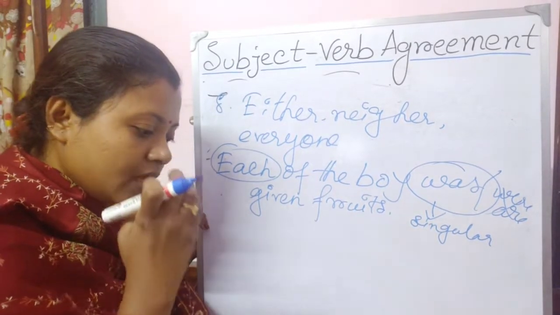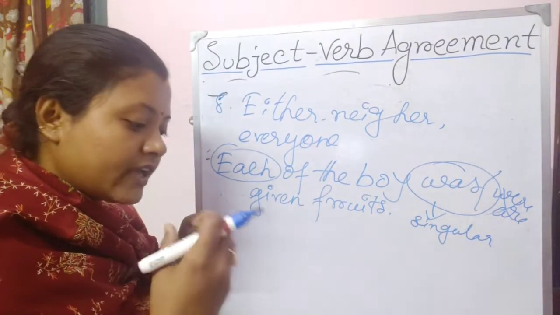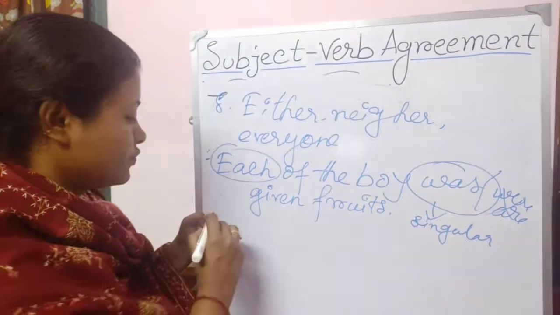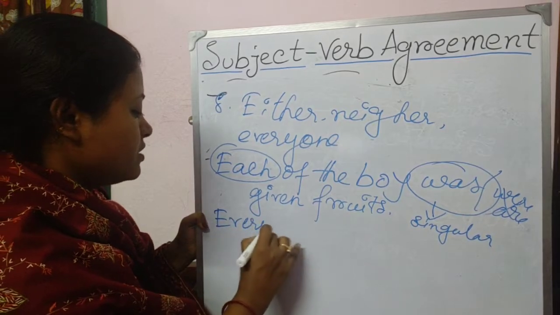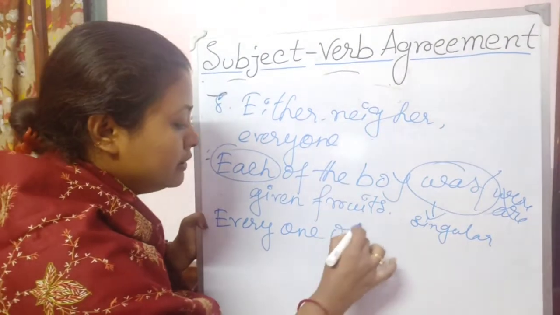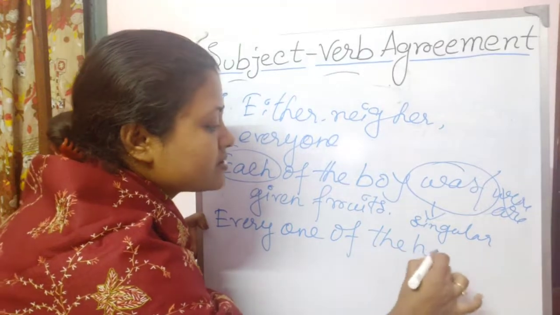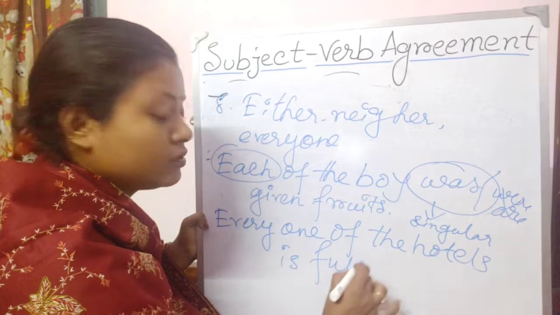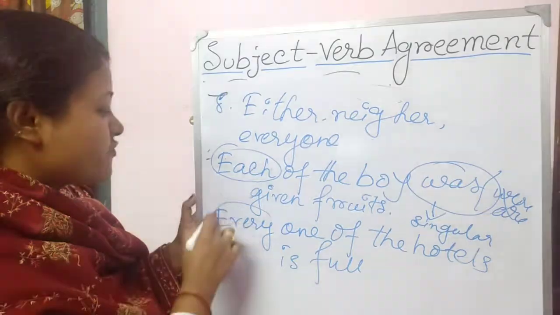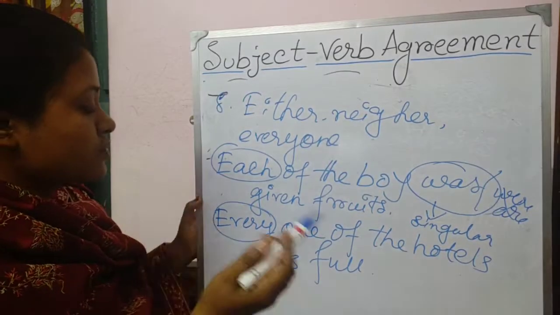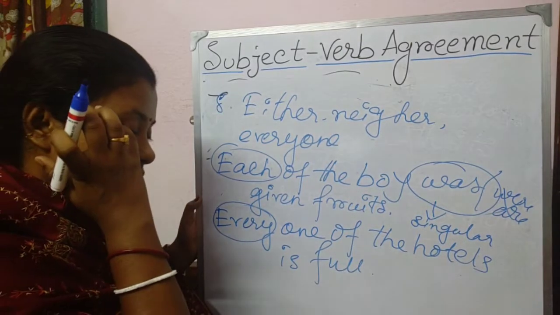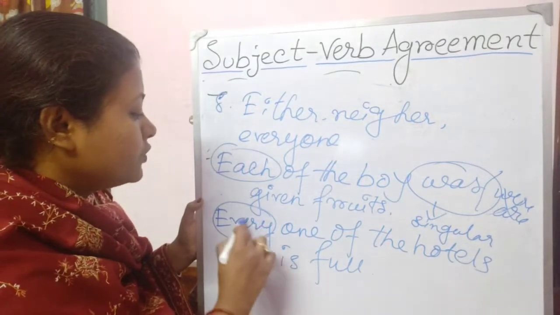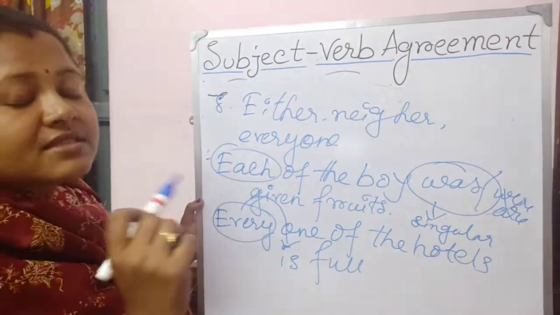Every one of the hotels is full. Why? Because wherever the word every or each is there, you have to understand that the verb will also be singular.